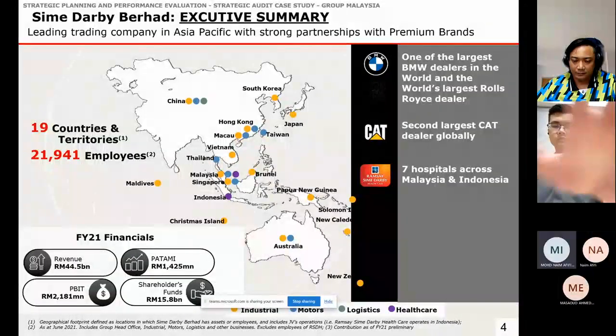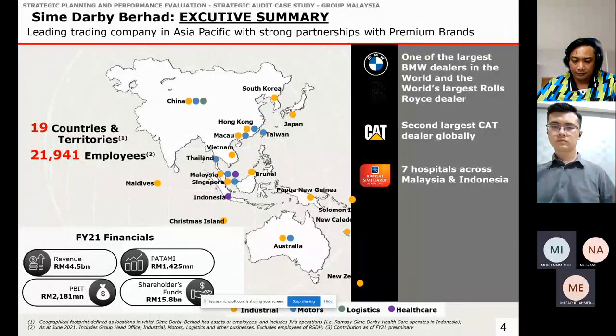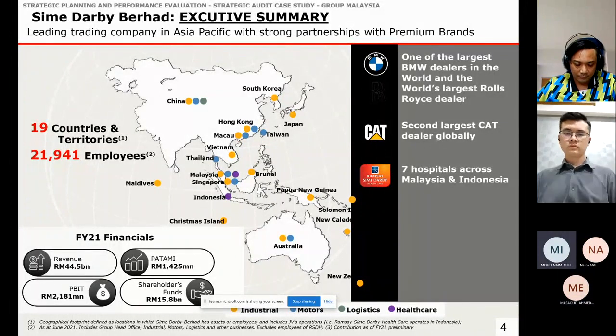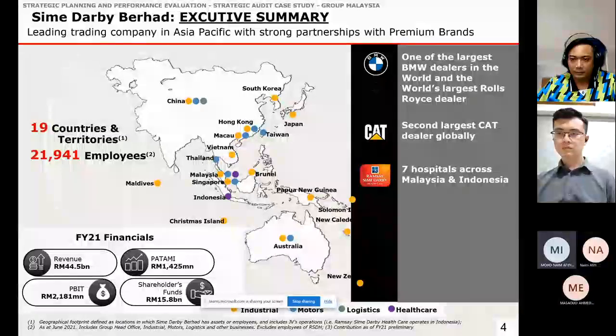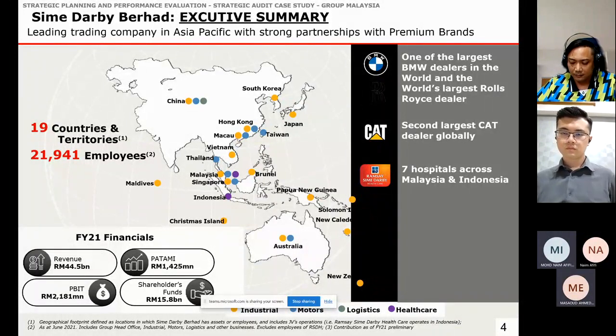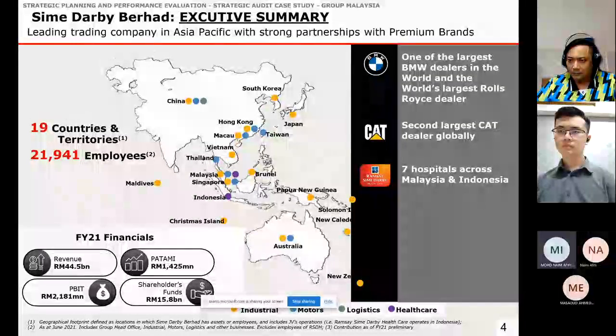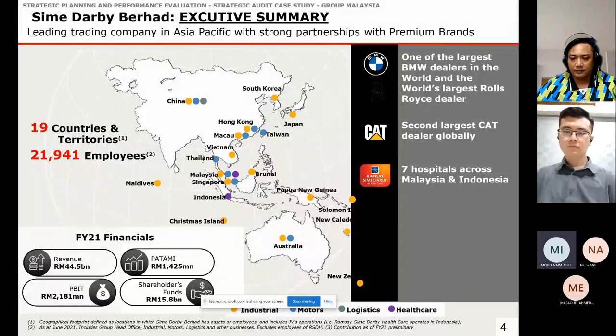It was focused on the plantation area before, and then the acquisition changed from Britain to Malaysia. They focused very much on plantation, but they changed their business model to go for properties, then industrial, and then motors.